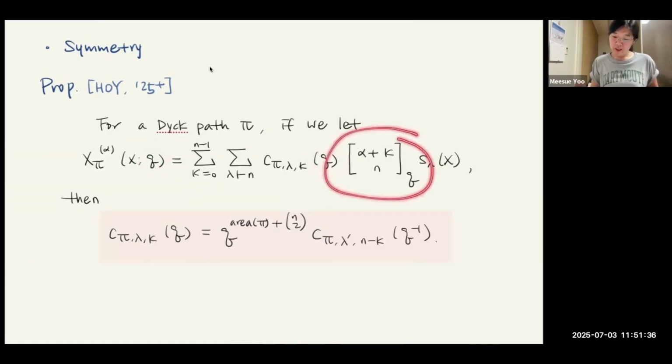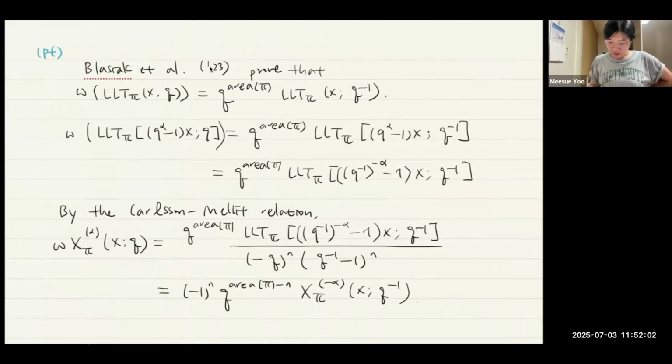And what we need is the relationship between this binomial coefficient with minus alpha here, but we have the identity dealing with this q binomial coefficient, replacing this by minus alpha plus k. And then this relationship follows from that relationship. So I'm not writing the details, but let me write it down over here.